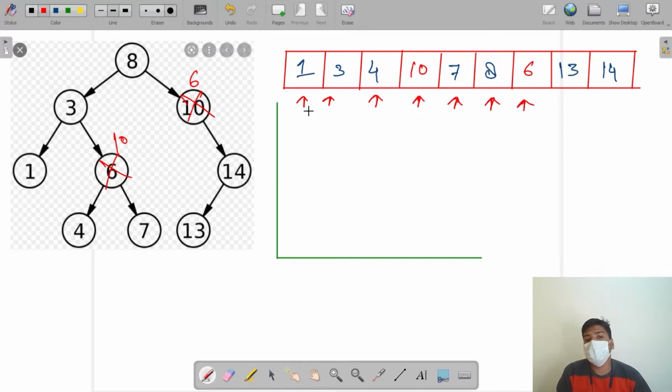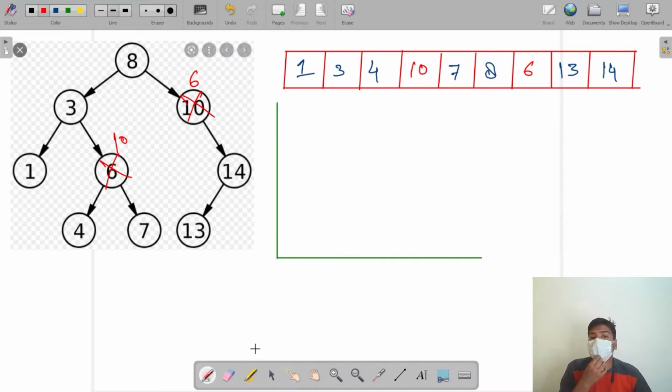At index 0 it was 1, at 1 it was 3, at 2 it is 4, at 3 it is 10. Earlier it was 6. So in an ideal BST, not this changed BST, the in order is sorted.